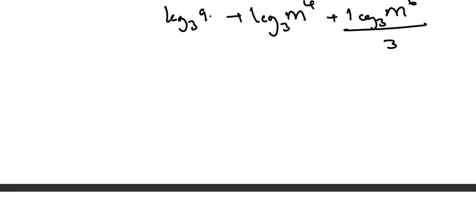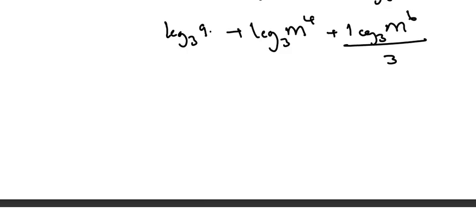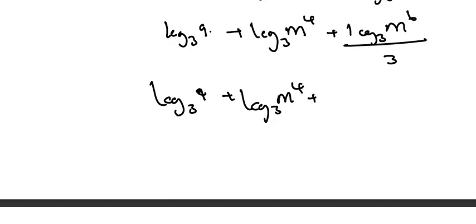Then from here, we can now write this as log 3, 9. This is a 9. Plus, that's a log m4. Then plus, this here can be written as 1 over 3 log 3 m to the power 6. So the 1 over 3 can come on the 6 to multiply the 6. So because there's a plus, we're going to multiply these 2.